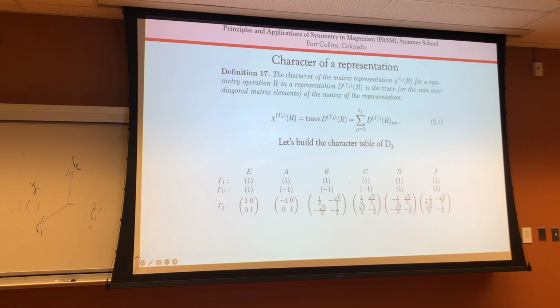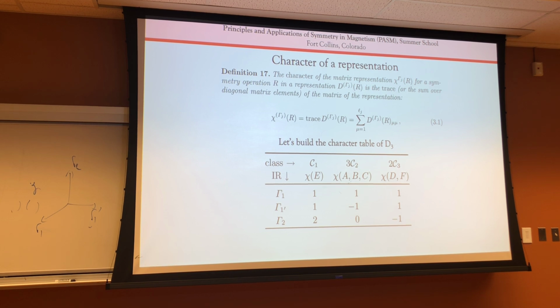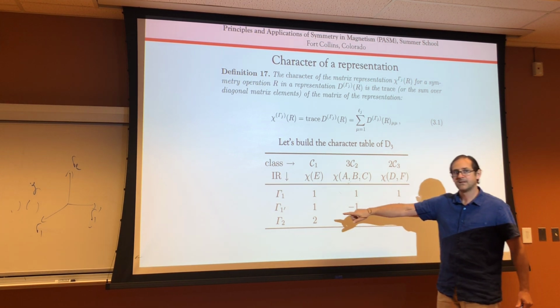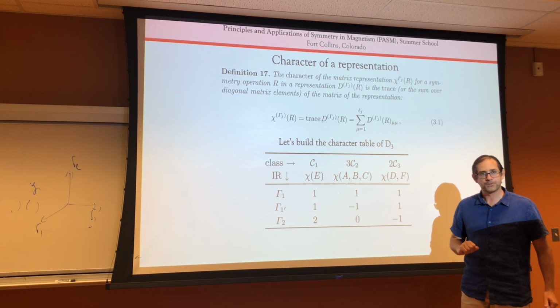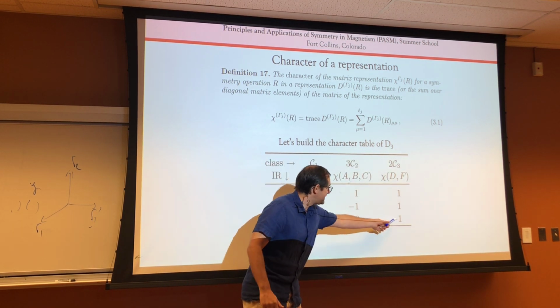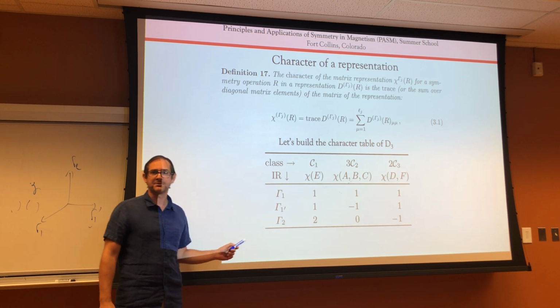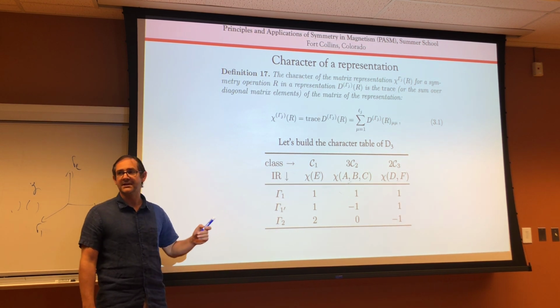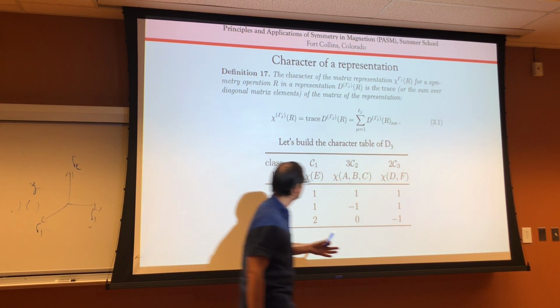And of course, in one dimension, the character is equal to the matrix, because it's one dimension. So I end up with that. Okay. So that's what those numbers mean. And what is super important for us is that the series of characters here is unique to a representation. Now, this is unique. It doesn't depend on the frame.